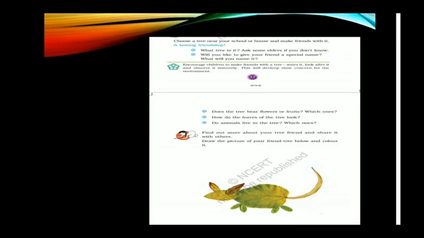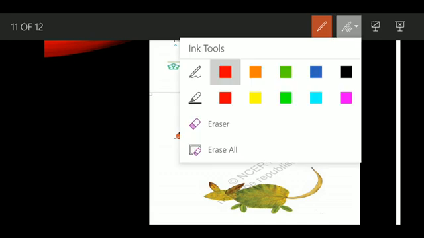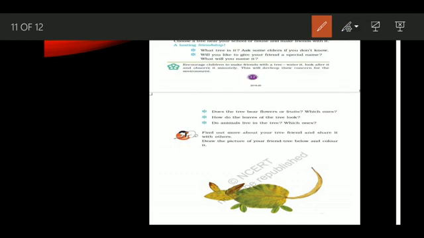All right. The next book exercise: you have to choose a tree near the school or your house and make friends with it, and find the answers to these questions. Firstly, go into the garden, with your elder if you like, look at the plants present there, and try to answer these kinds of questions.